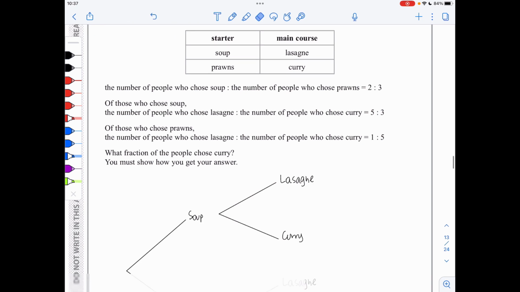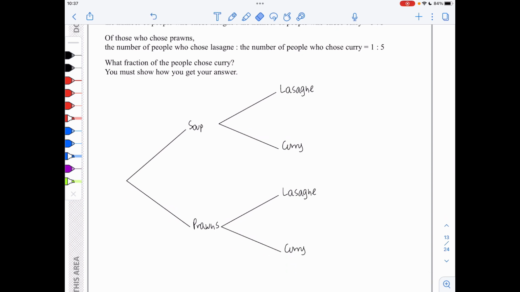So we've got the first option being soup or prawns, and this happened in the ratio 2 to 3. So 2/5 chose soup and 3/5 chose prawns. Of those that chose soup, so standing here, it was 5 to 3 in favor of lasagne. So it's 5/8 for lasagne and 3/8 for curry. Whereas for those that chose prawns, it was 1 to 5, so 1/6 for lasagne and 5/6 for curry.